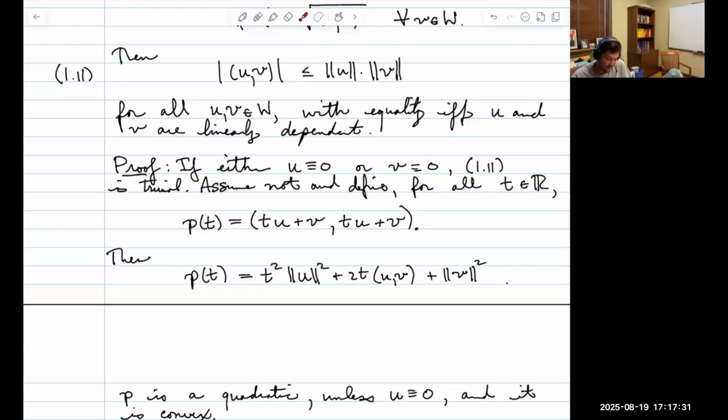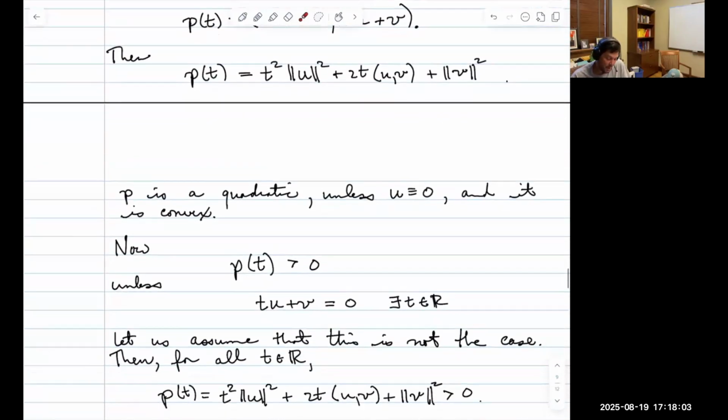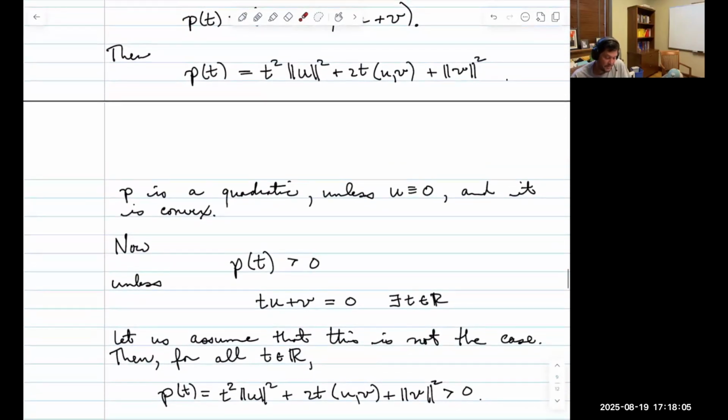It's a fairly standard one for the Cauchy-Schwarz inequality. p of t is equal to the inner product of tu plus v against the same thing, tu plus v. And now I can expand. Remember, all inner products are bilinear forms that are symmetric. And so because of the symmetry, I get a 2 here, 2t times the inner product of u and v. If it wasn't symmetric, then I wouldn't have a simple term in the middle.